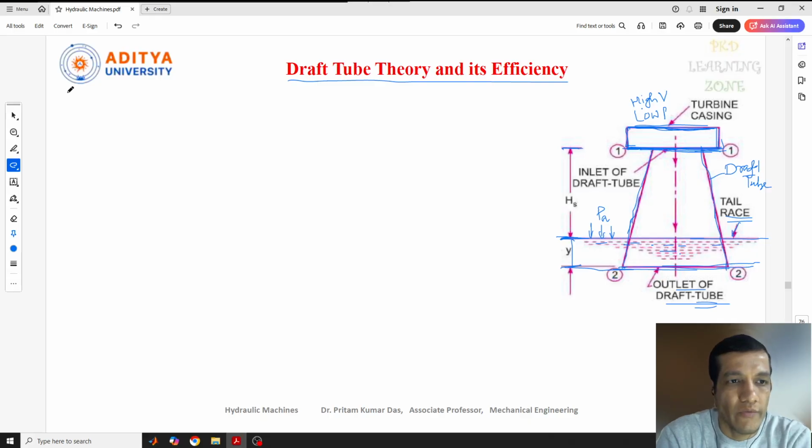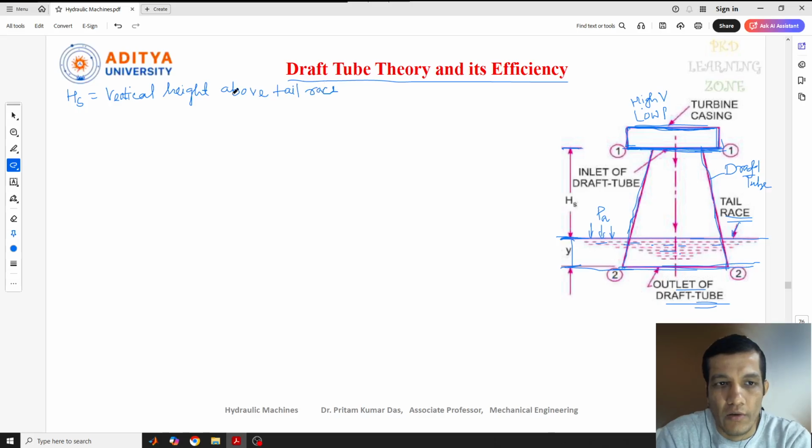So two things we have considered: HS, the vertical height above the tail race at the inlet, and y, the distance of the bottom of the draft tube, the outlet, from the tail race.